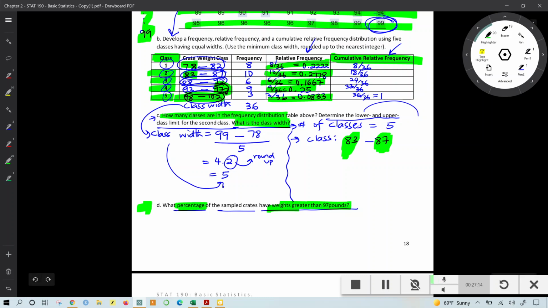And we're interested in the percentage. So this will be 3 out of 36. 3 out of 36 multiplied by 100%, that will be 0.0833 times 100%, same as 8.33%.